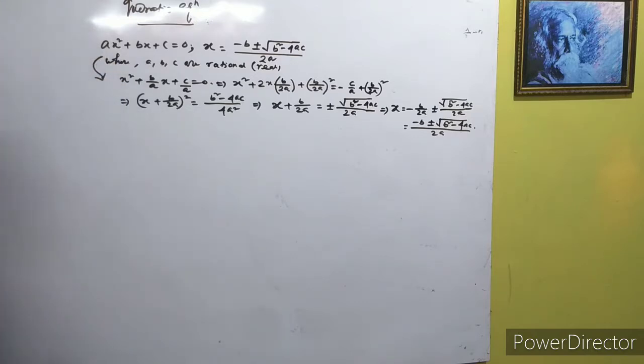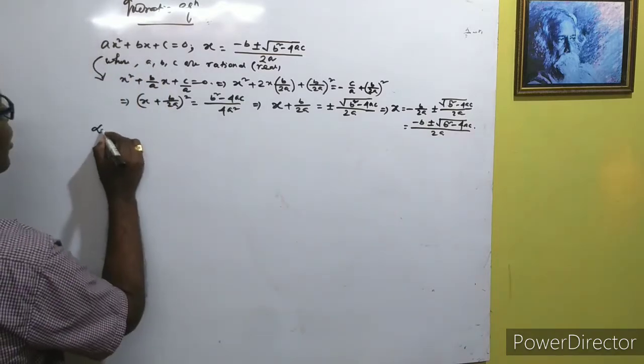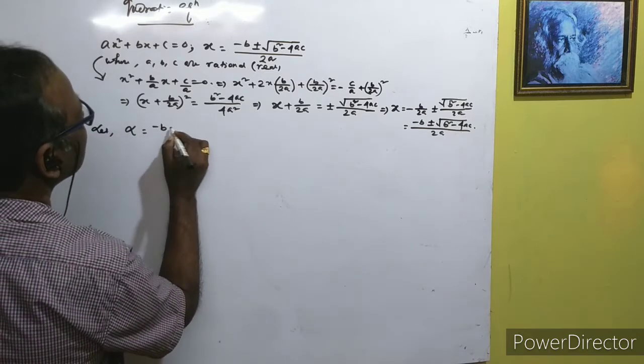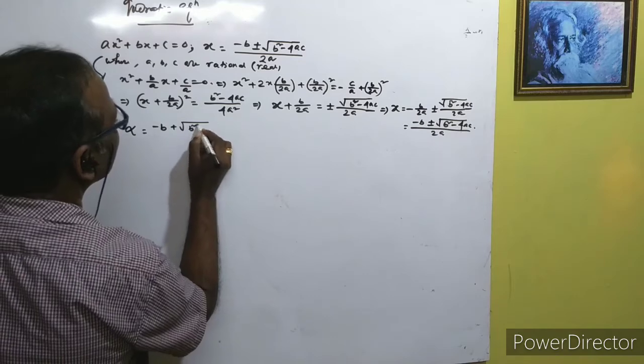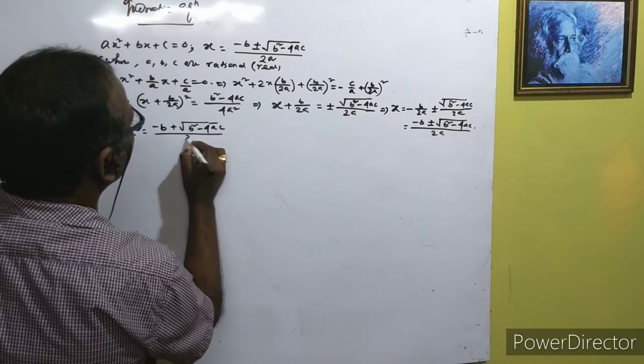So I know the degree of the equation is 2, so there are a maximum of 2 solutions here. Now let's assume, seeing plus or minus, let alpha be one root, that is (-b + √(b² - 4ac)) / 2a.